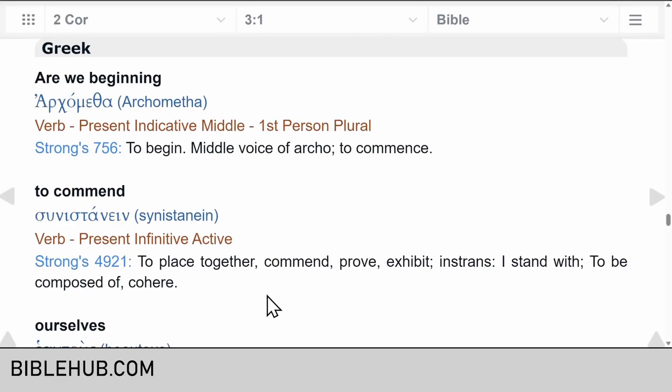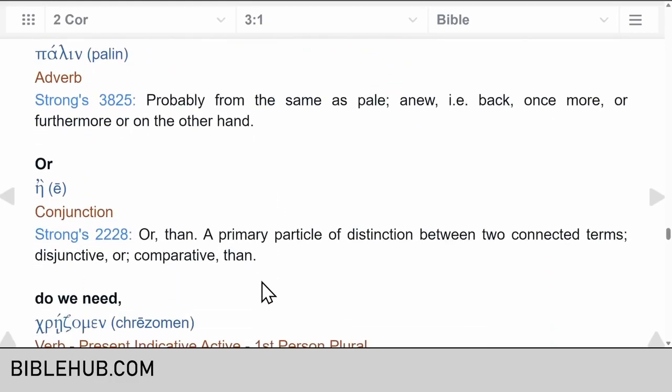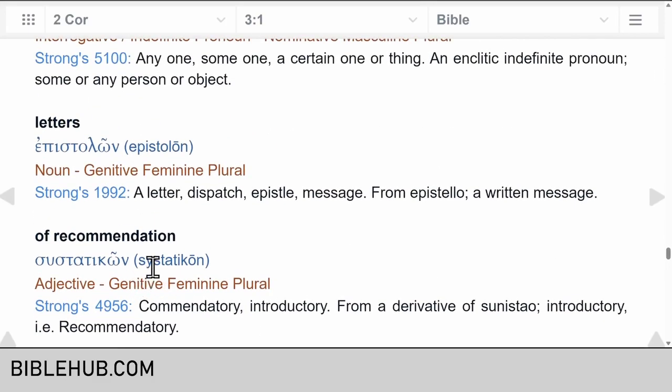All right, so you come down here and we find the different Greek words in this verse broken out for us. We have synistanin, which is to commend. So that's one of the words that we're looking at. And then when we go down here, we have letters of recommendation, which is systatikon.